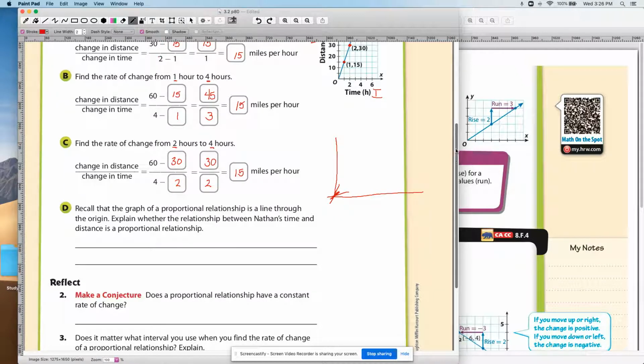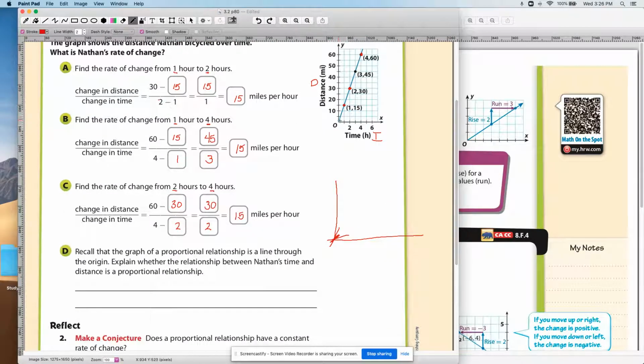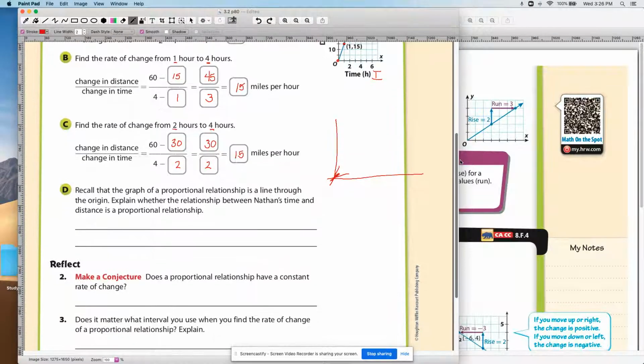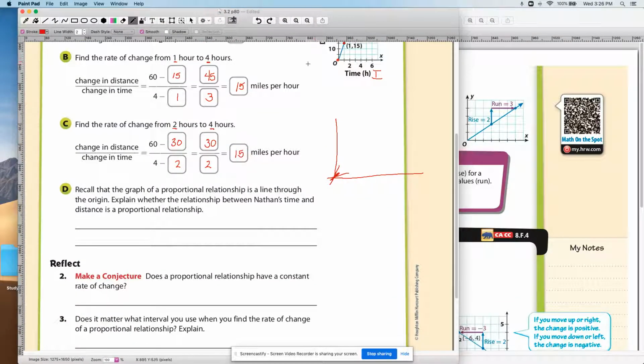Well, it's pretty much a proportional relationship. One, it goes through the origin, and two, between every point, it is 15 miles per hour, which means the slope does not change. So yes, it is a proportional relationship. Yes, this is proportional.